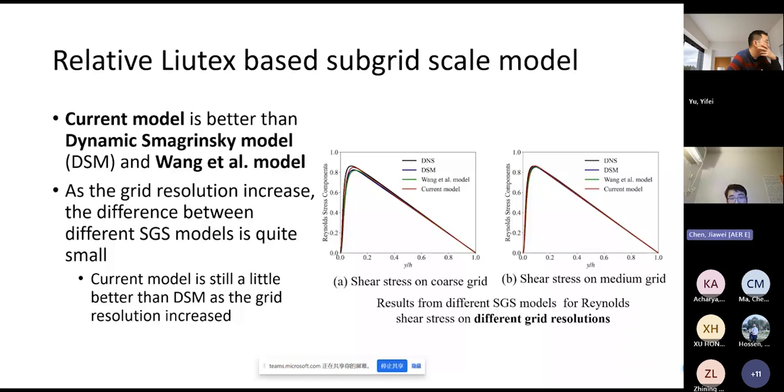And as we move from coarse grid to medium grid resolution, the difference between different subgrid models becomes quite small. But our current model still shows a slight improvement. And this demonstrates that our model maintains accuracy across different grid resolutions. And it is essential for practical LES applications.